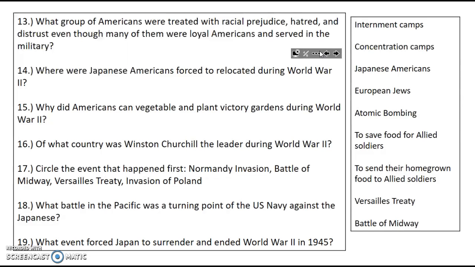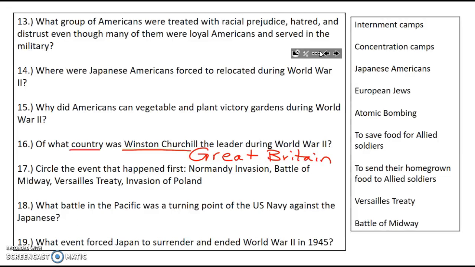It says, what country was Winston Churchill the leader of during World War II? And that was Great Britain, the number one ally of the United States during the war. The Lend-Lease bill benefited Great Britain the most during the early part of the war.